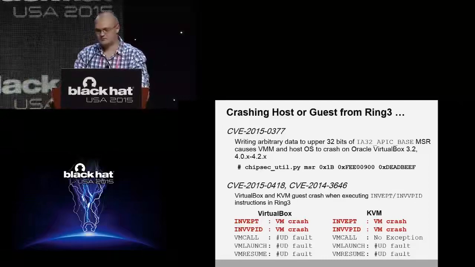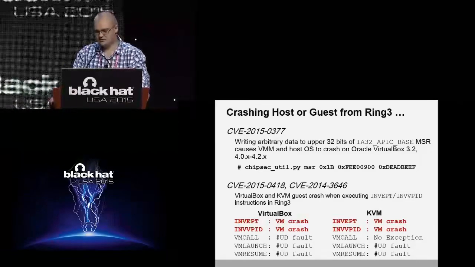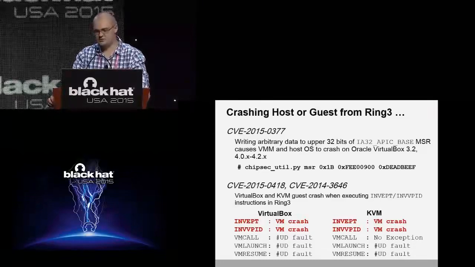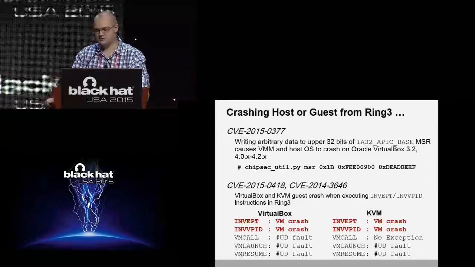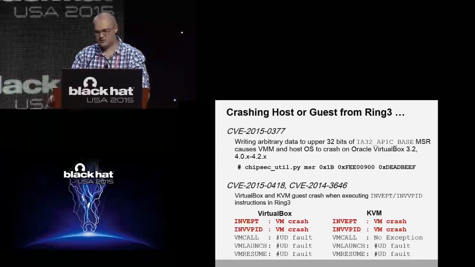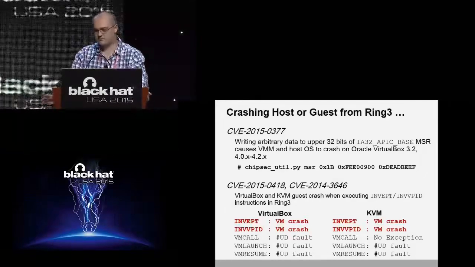And another interesting bug was in instruction emulation. Some of the instructions should cause a fault on bare metal, but if you execute them inside the guest in ring 3, they crash your VM. So basically, this type of bug can crash a cloud which analyzes ring 3 malware.